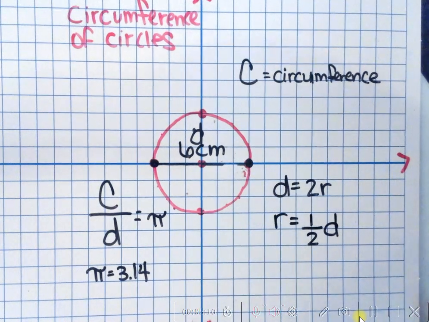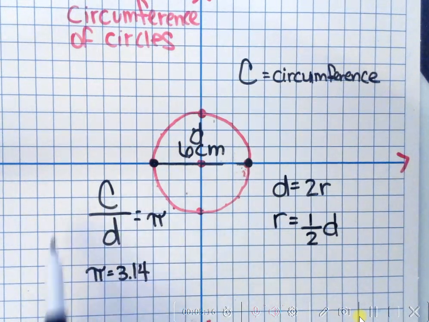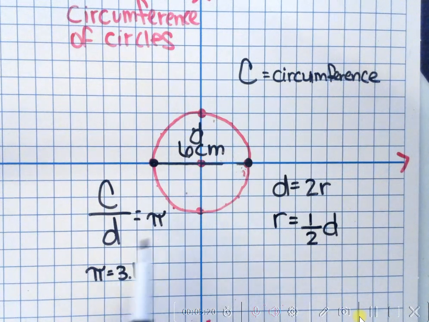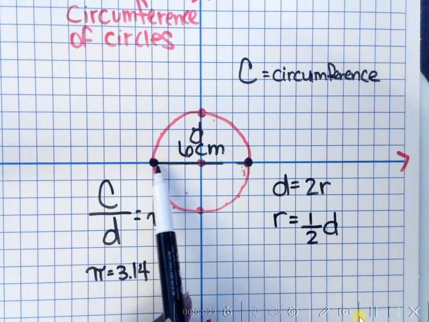In our upcoming lessons, we're going to be finding the circumference. We have a formula for how we can find the circumference if we are given two pieces of information. We know that the value of pi is always going to be 3.14. And the value of our diameter is the distance from one end of the circle to the other end.